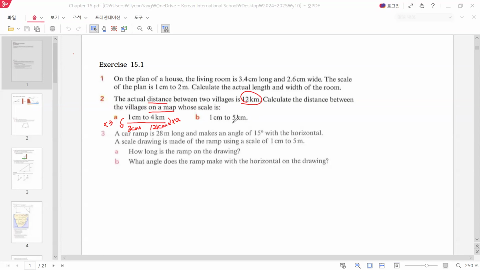And B, 5 kilometers represent 1 centimeter. So we need to calculate a multiplier in this case. Since 5a equals 12, then a is 12 over 5, which is 2.4. So 2.4 centimeters is the distance on the map between the two villages. It's easy, right? Let's move on.